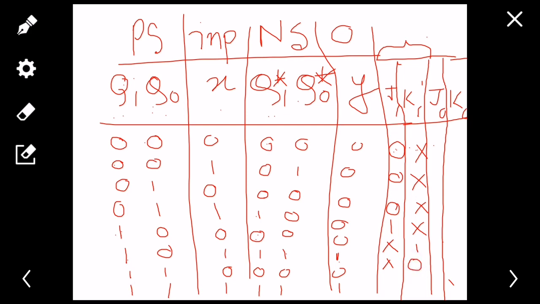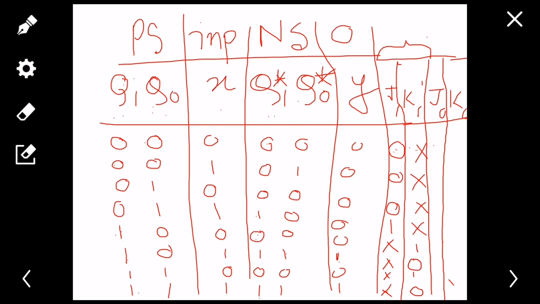So 1 0 again produces don't care 1, and 1 1 produces don't care 0. So you can understand how it should be done, I guess.